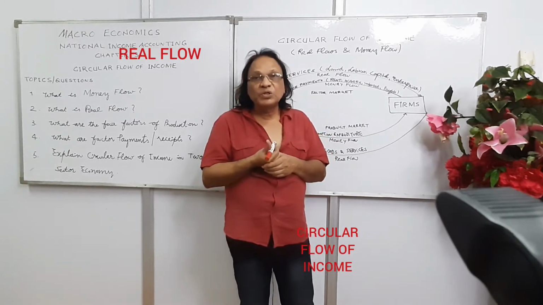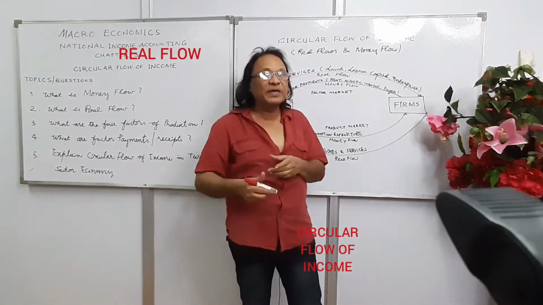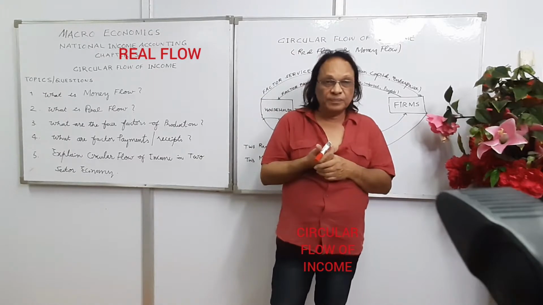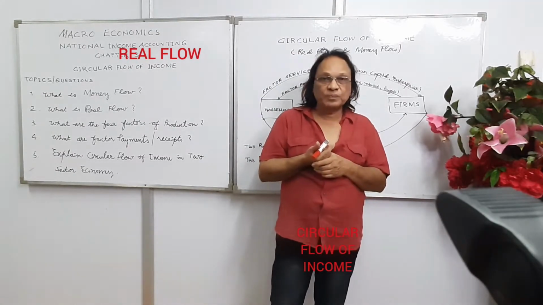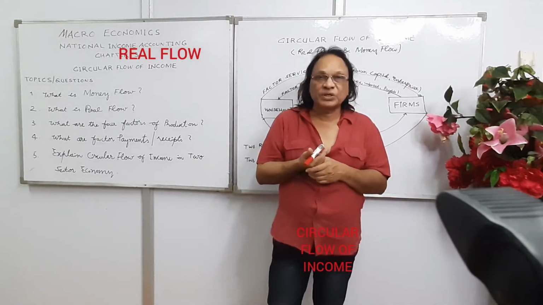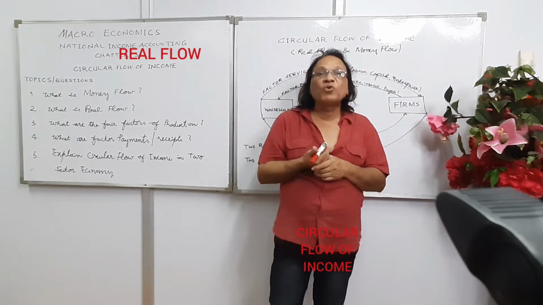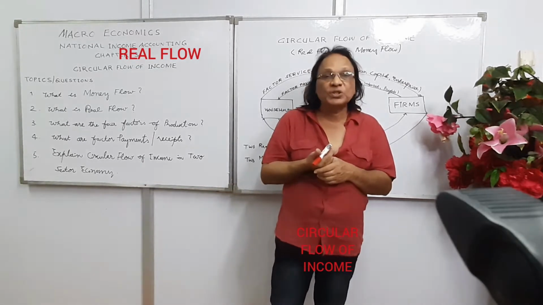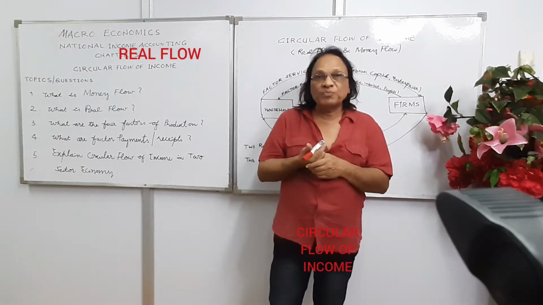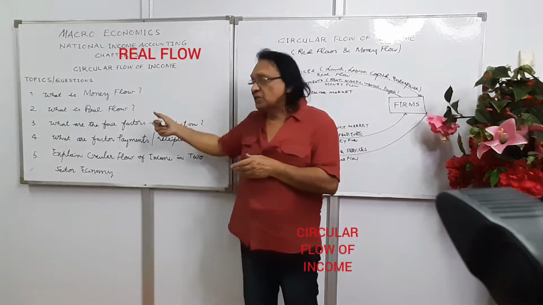Maybe you give him a clock. In return, he'll give you a pen. That is real flow. That is flow of goods and services. It's a kind of barter system. Real flow is flow of goods and services, not in terms of money. We'll be discussing in detail.